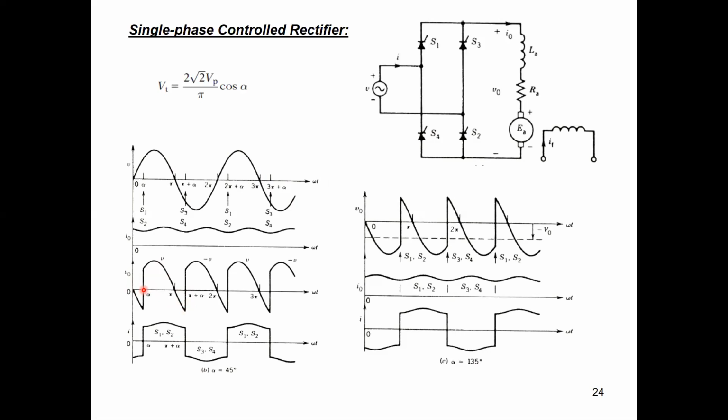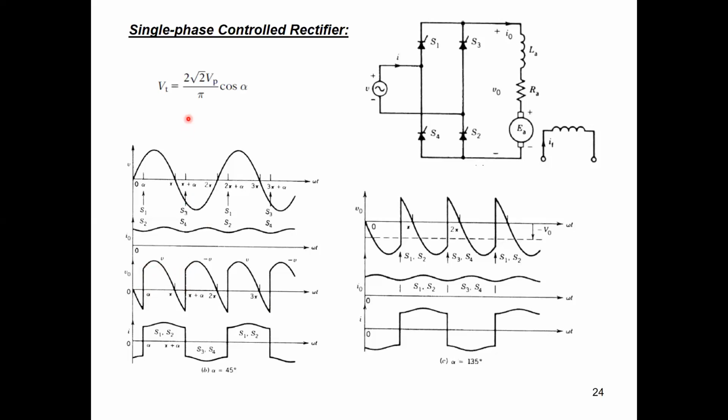So one complete cycle here can be represented from alpha to pi plus alpha, because as you can see, the waveform starts to be repeated from here to here. So this is one complete cycle. So this is the way to get the average value.